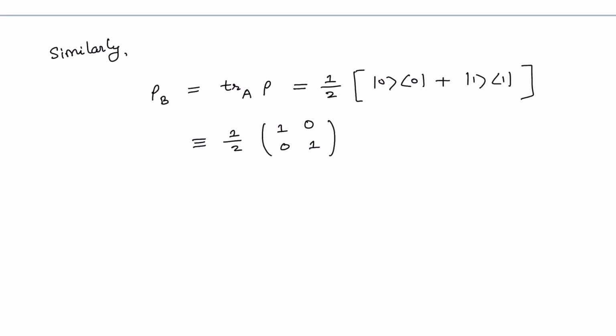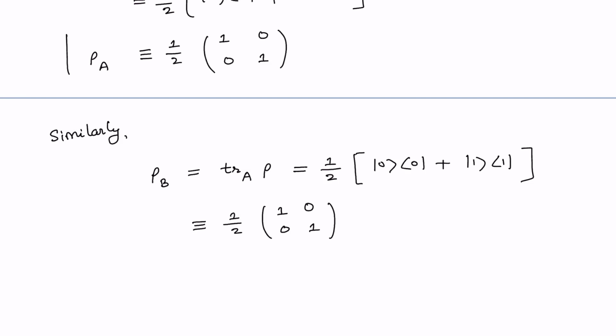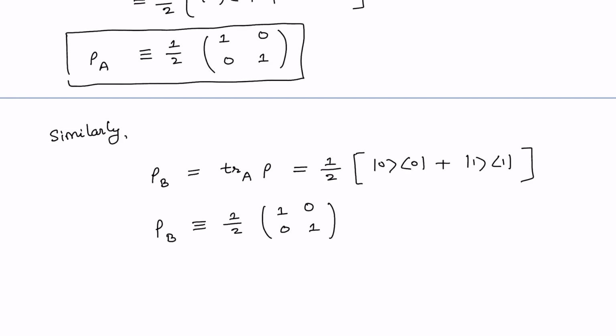So now we have the density matrix for the subsystem A as well as subsystem B. Now the next question is whether these two systems are entangled.